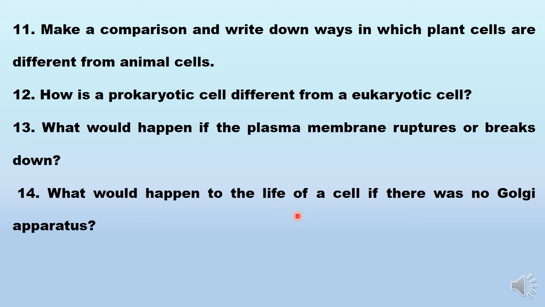By which I mean that they receive various compounds, they modify them, and when they send those compounds, the target could be within the cell or outside the cell. And if it is outside the cell, that means the cell is secreting something. So all those activities, that is packaging, modification, and secretory activities of the cell, will be hampered.